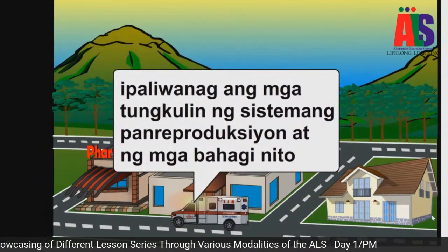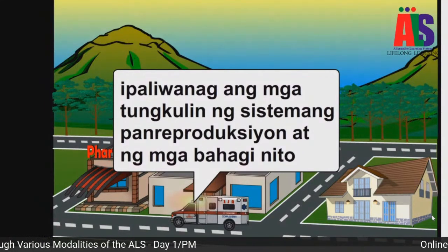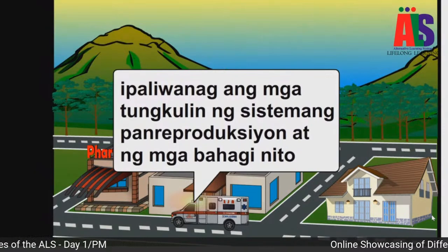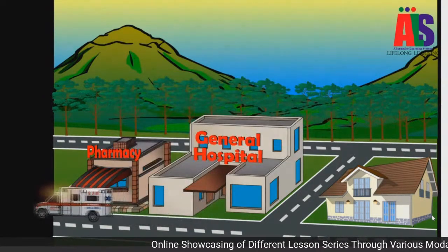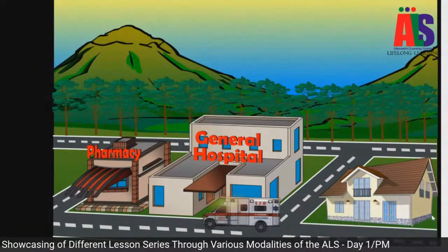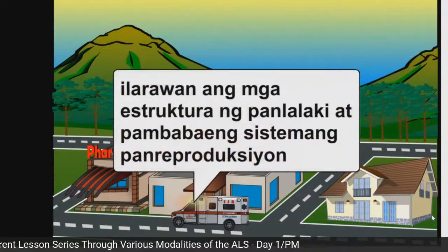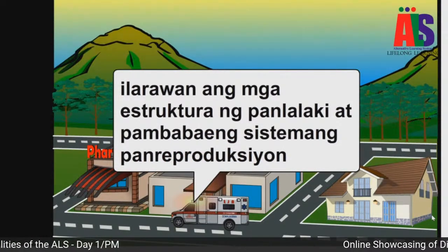Pagkatapos mong mapag-aralan ang module na ito, maaari mo nang ipaliwanag ang mga tungkulin ng sistemang panreproduksyon at ng mga bahagi nito. Ilarawan ang mga estruktura ng panlalaki at pambabaeng sistemang panreproduksyon.